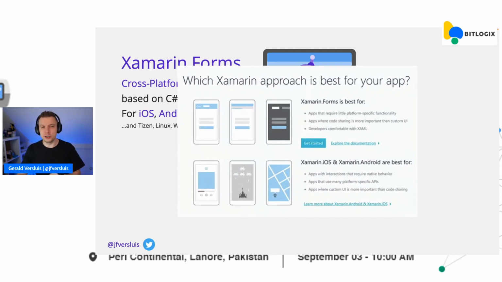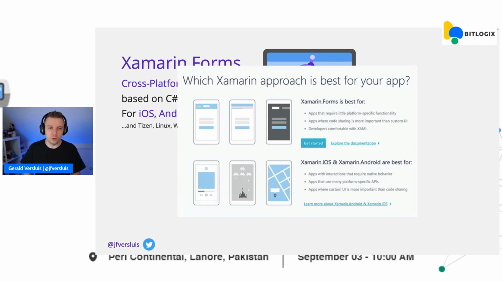Which Xamarin approach is best for you? Now, you have to know that you can do Xamarin still writing C# and .NET, but more Java and Objective-C-ish. And then you have Xamarin Forms, right? So here you can see Xamarin Forms is best for, and it doesn't even matter what it says in the bullet points, but you can see the screenshots.